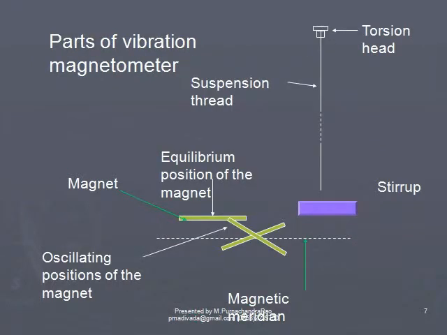While working with vibration magnetometer, we have to concentrate on some important parts: stirrup, suspension thread, torsion head, magnetic meridian line on the mirror, equilibrium position of the magnet, and oscillating positions of the magnet.